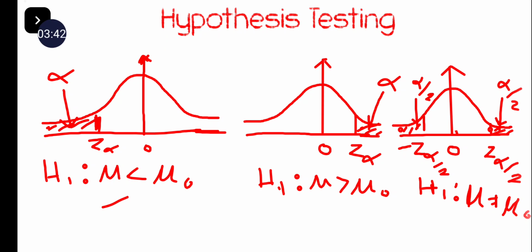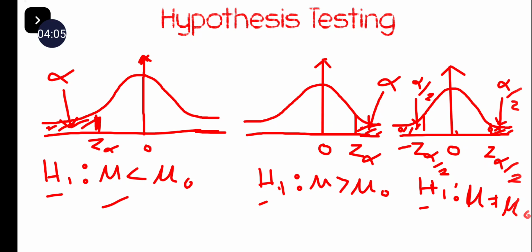So H1 here is representing the alternative hypothesis. You see this first diagram to the left is when we are testing a hypothesis that involves a decrease. When there is a decrease, the alternative hypothesis is talking about a decrease.